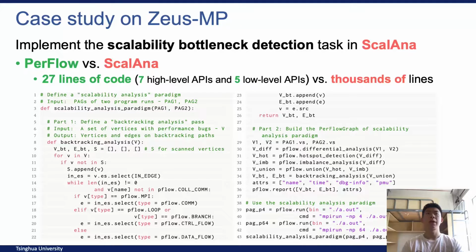We also compare PerFlow with some existing works. Implementation with PerFlow only needs 27 lines of code, but the source code of Scalana is over thousands of lines, which proves that PerFlow can significantly reduce the complexity of implementation.